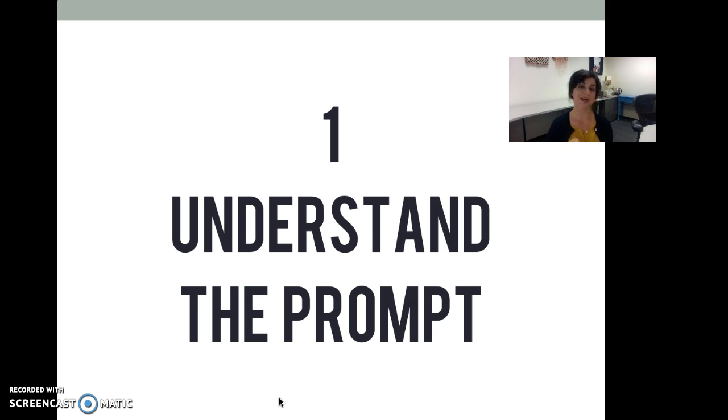The structure and content of a thesis statement will vary depending on the kind of writing, the kind of assignment that you're being asked to do. Just like a comedy movie is going to be different from a drama film, even though they might actually be about the same thing.